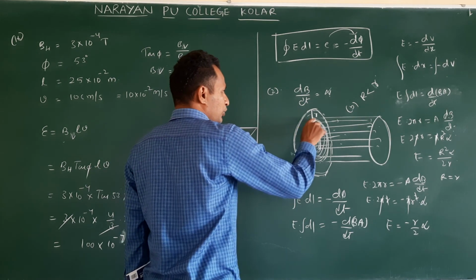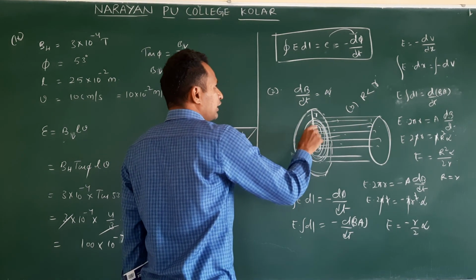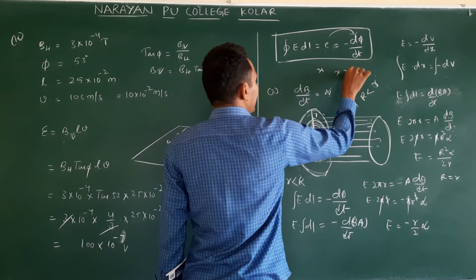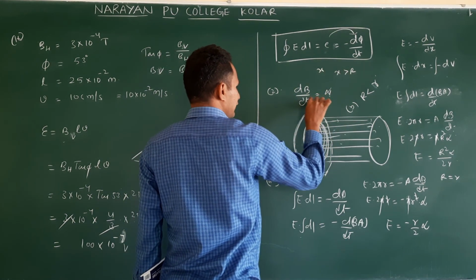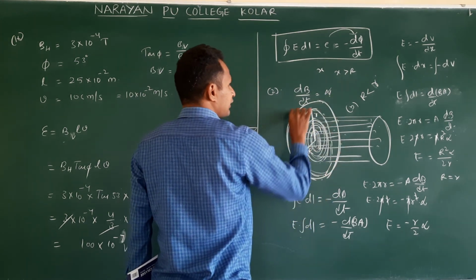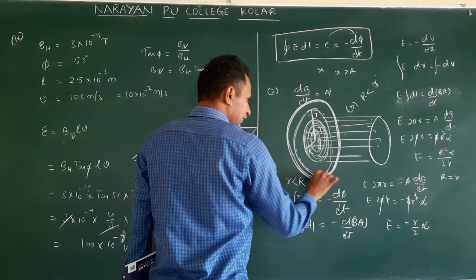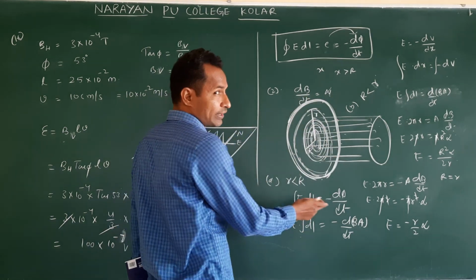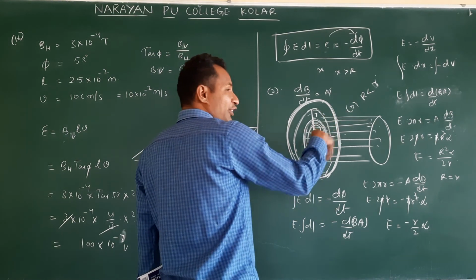Suppose at a distance, if they ask, let us say x, where x is greater than R, then what do you take? You take the x and imagine a circle. Integral this, add the length. By adding the length, you will get the circumference. Then E dot 2 pi x is equal to where the magnetic field is changing.